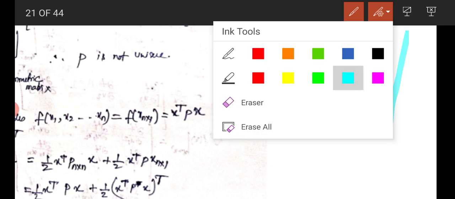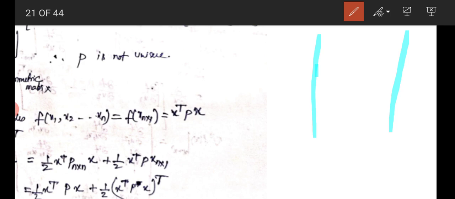Now come to the other things. When you are talking about a linear function, let's say this is the boundary, and you have taken this linear function.